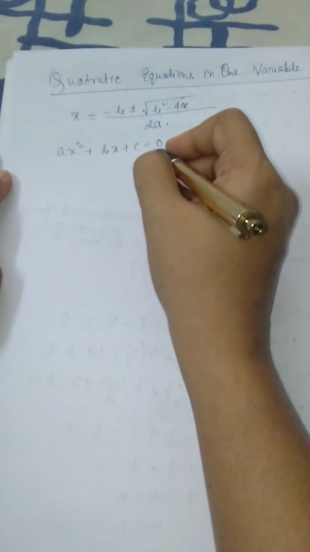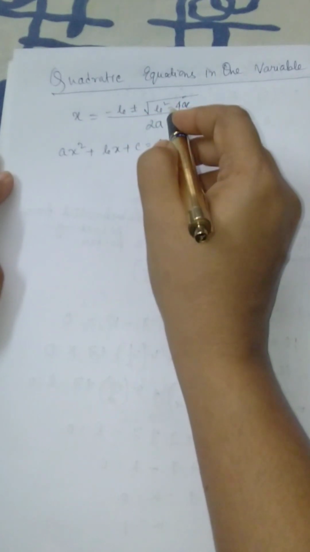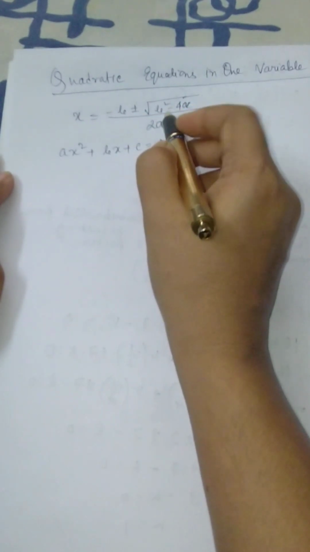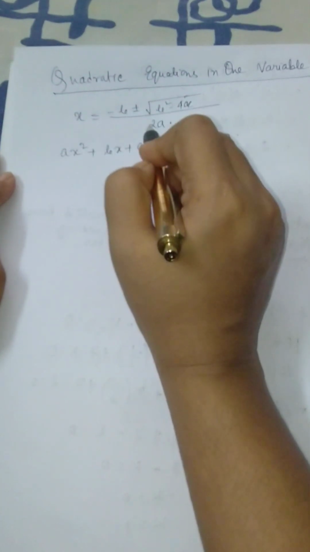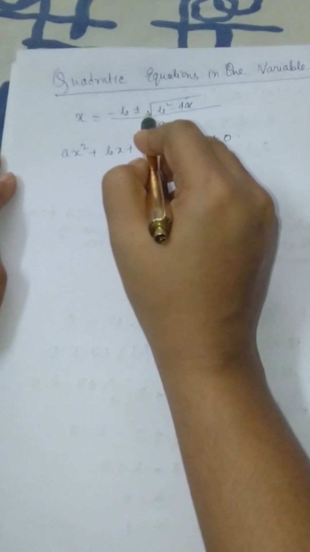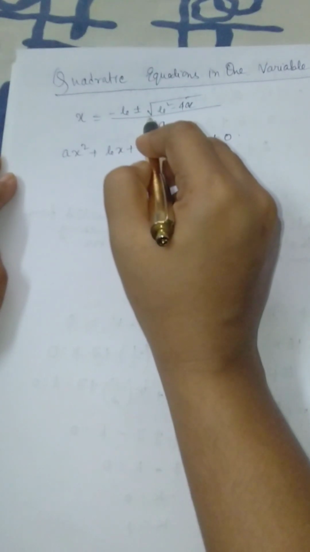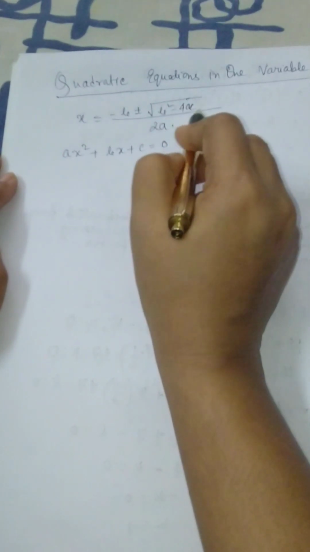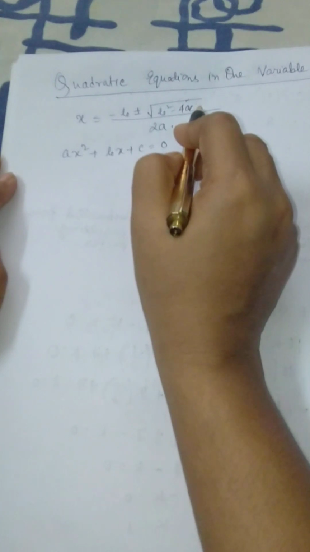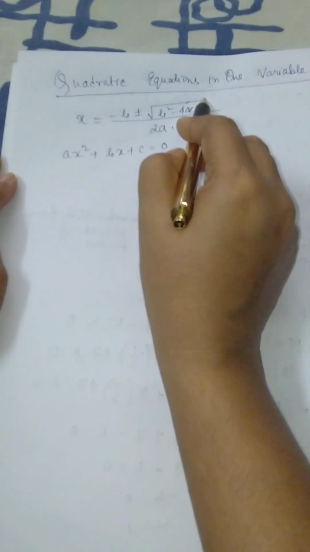So in this particular root there are some natures of the roots. If you look at the format of this root, you can see minus b plus minus a term, that is b square minus 4ac, which is under the root.